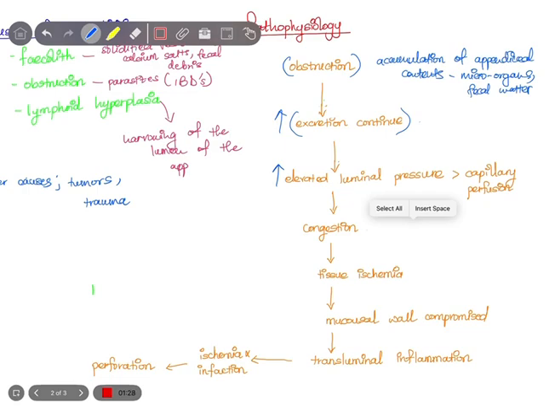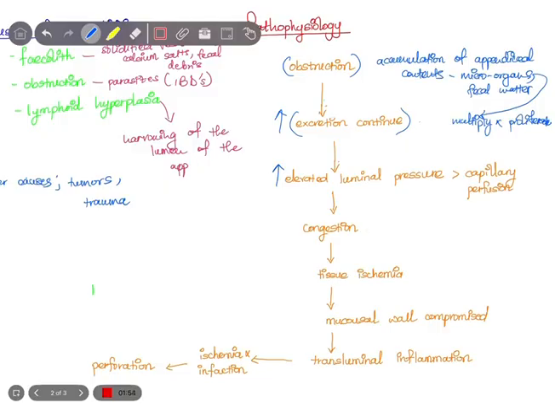Now, this is a very good environment for microorganisms within to proliferate, and they begin to multiply. Now, this elevated luminal pressure begins to hinder capillary perfusion.